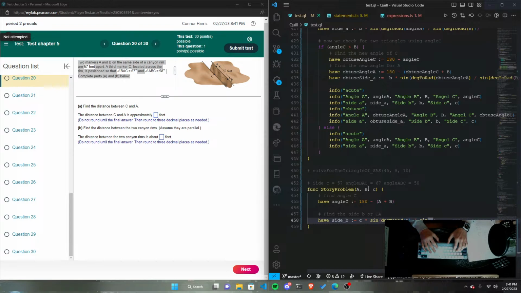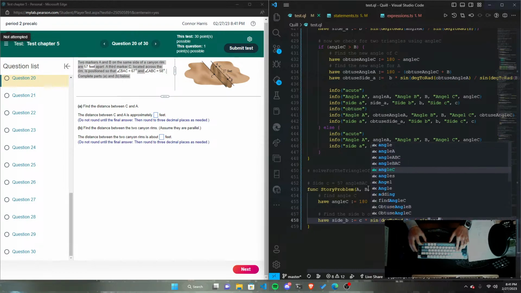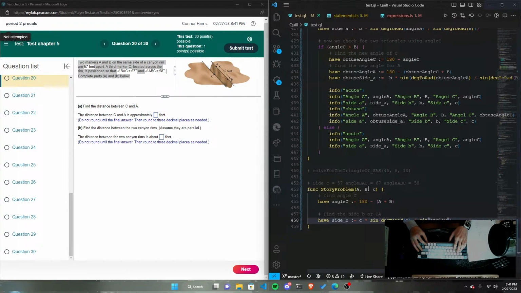And that's something we saw before. Yes, because our sine of angle C. So we would just call it angle C. I'm pretty sure we would also need to say degree to radians. All right, and we're missing one more.